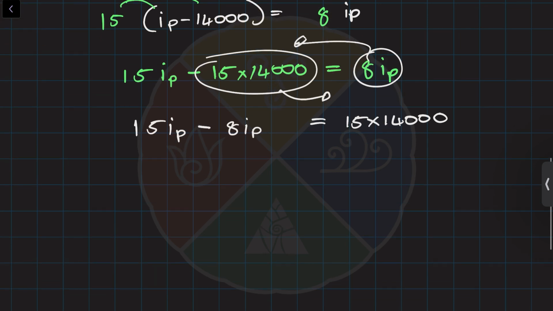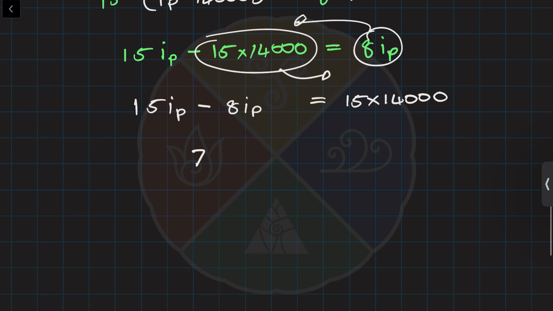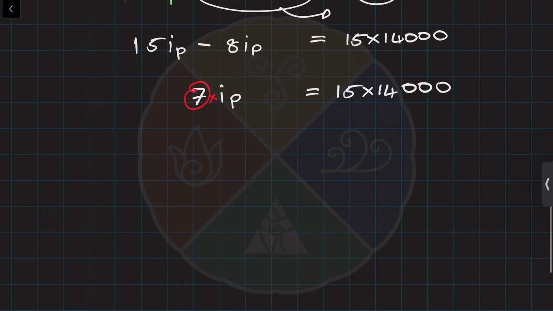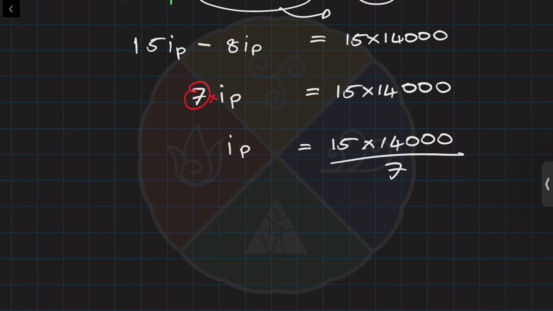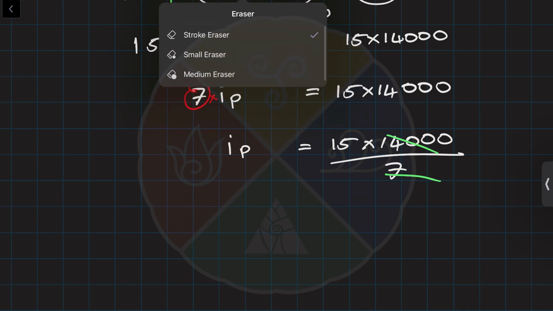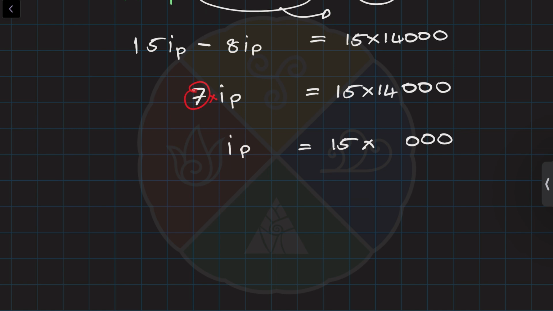It's becoming positive because negative changing sides becomes positive. 15 minus 8 is 7 investment of P, and that is 15 into 14000. Taking the 7 to the other side, it becomes division by 7. 15 into 14000 by 7. If you divide this part, it is going to be 2000.